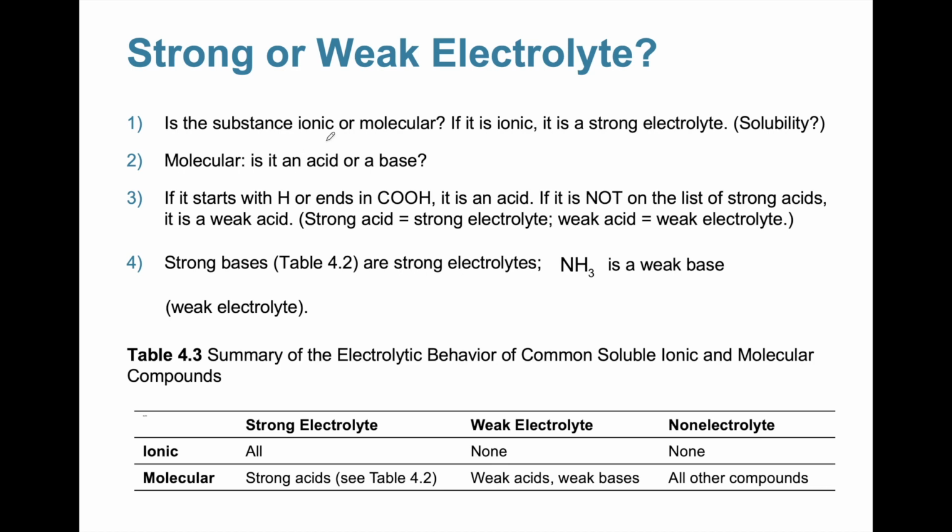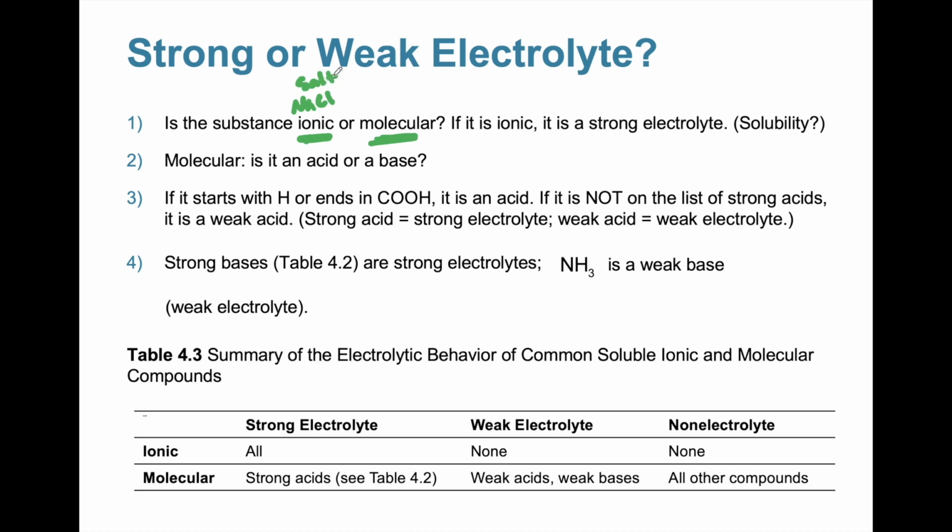So the question you can ask here is, is it ionic or molecular, right? If it's ionic, it's most likely going to be a strong electrolyte, and if it's molecular, it's going to be a weak electrolyte, right? So the example here will be NaCl, or salt.